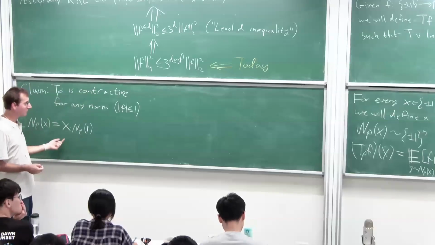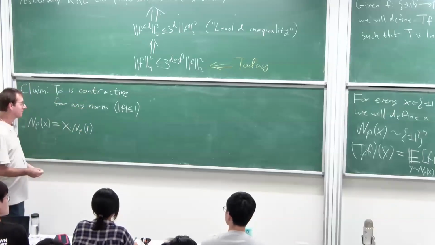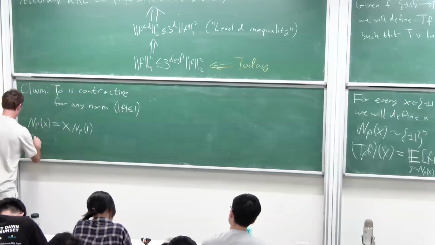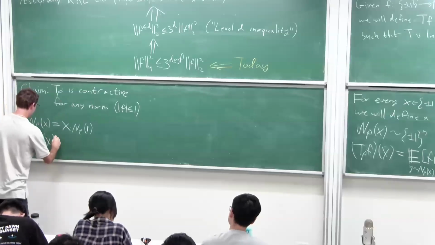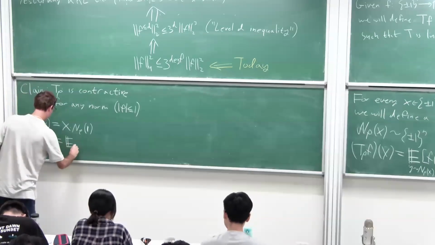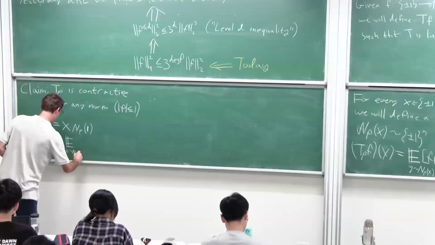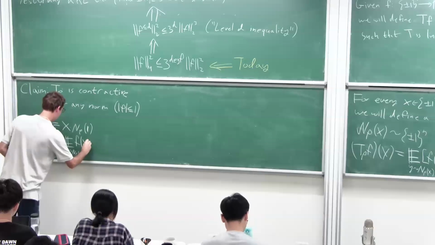And when you multiply it by x, it's the same thing as the definition there. Okay, so T rho f of x is the expectation over z, which is N rho of 1, of f of x times z.